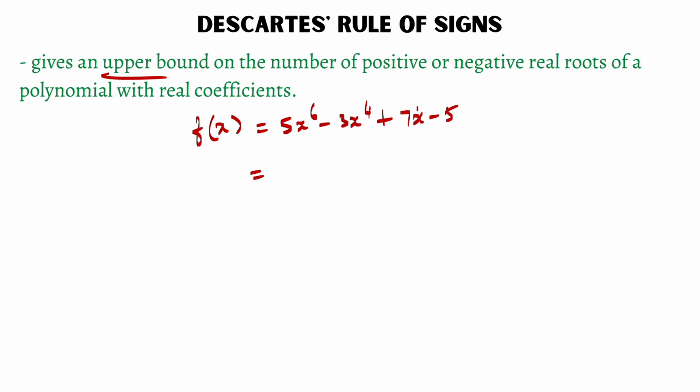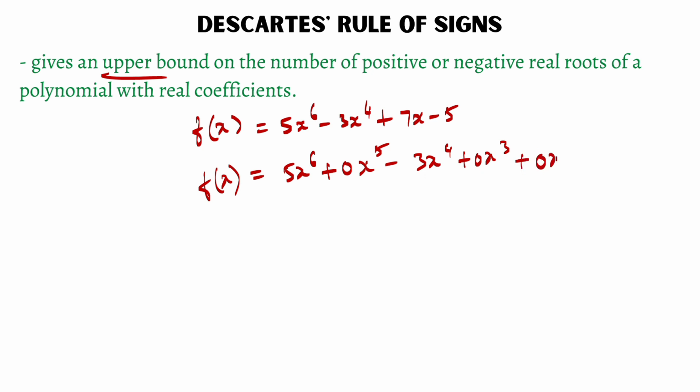So we will insert all the powers. 5x power 6, x power 5 is not there, so we simply put 0 times x power 5, minus 3x power 4 plus 0x cube plus 0x square plus 7x minus 5, right?